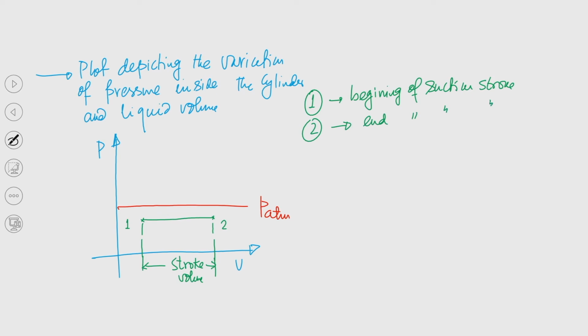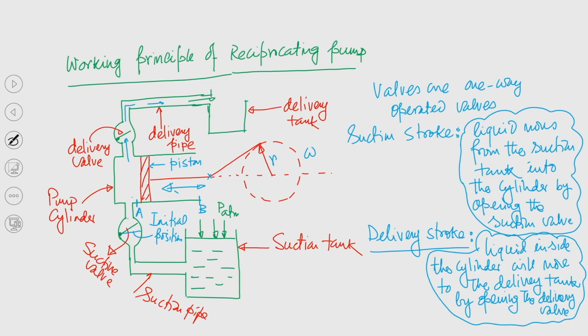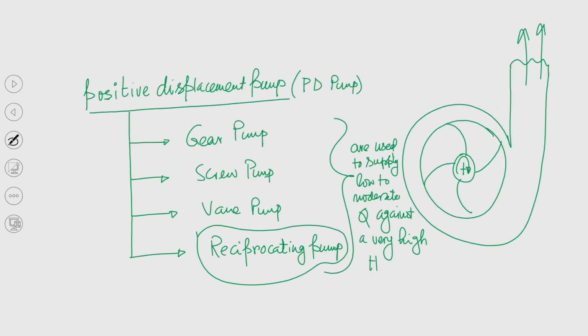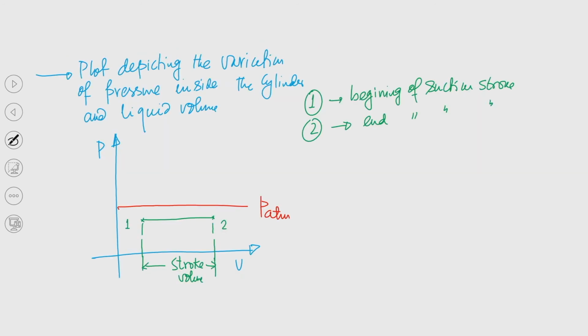Now, you see that at the end of the suction stroke, pressure inside the cylinder will not be equal to the pressure identified by point 1. So, the pressure inside the cylinder at the end of the suction stroke is not the same as at the beginning of the suction stroke.